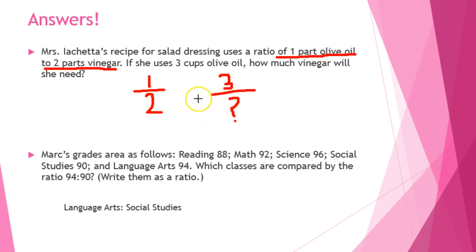So now, I can look and see how I can use equivalent ratios to help me solve this problem. If I know 1 times 3 gets me to 3, then I can also take 2 times 3 to get me to how much vinegar I will need.